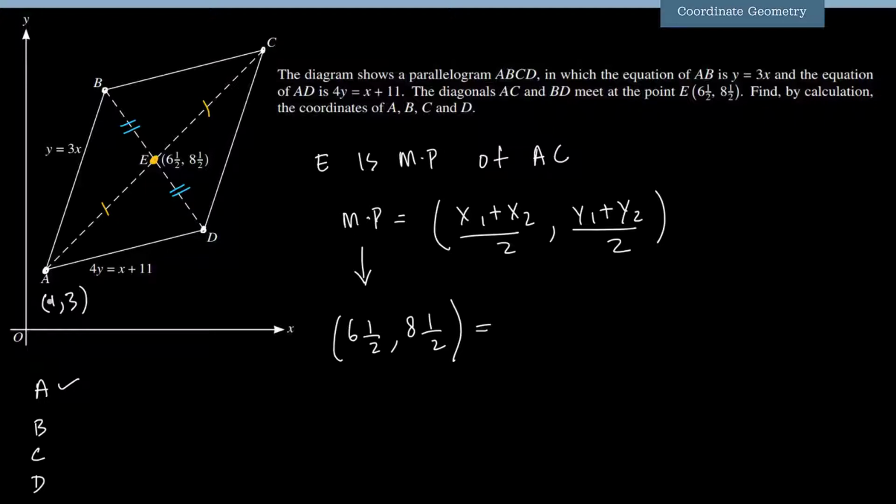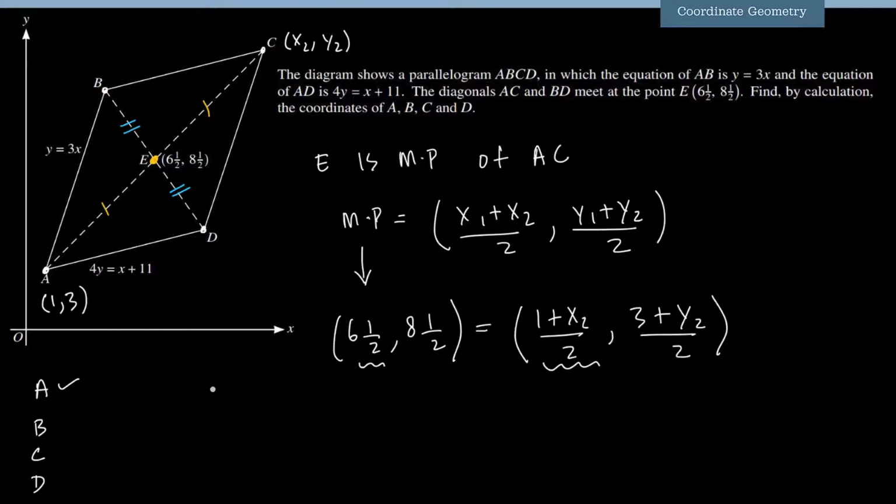Let's take this point as x1, y1, so I'll get 1 plus x2 divided by 2 because this point has the coordinates of x2, y2, comma 3 plus y2 divided by 2. This is the x coordinate of the midpoint, which is 6 whole 1 upon 2. So I'll get 1 plus x2 upon 2 is equal to 6 whole 1 upon 2.